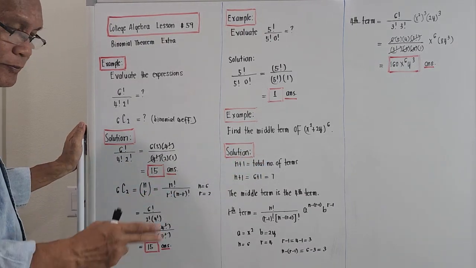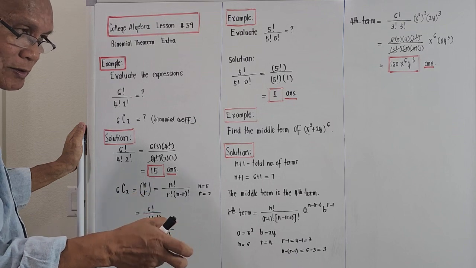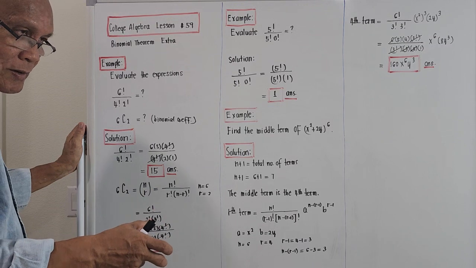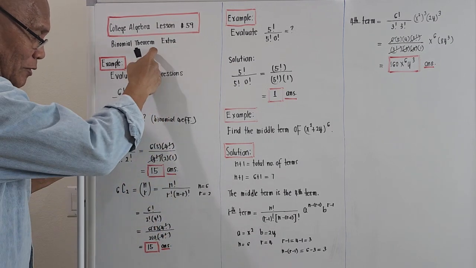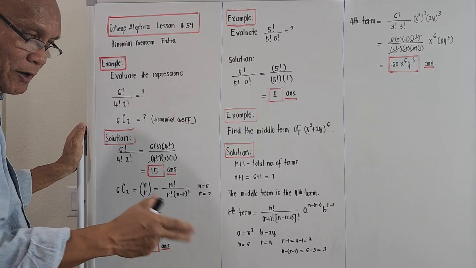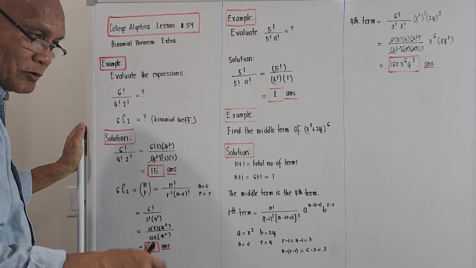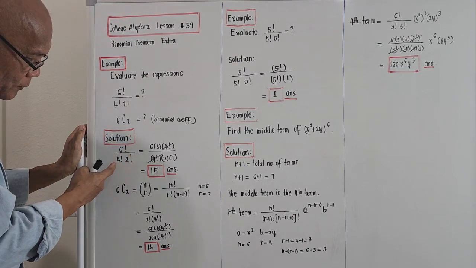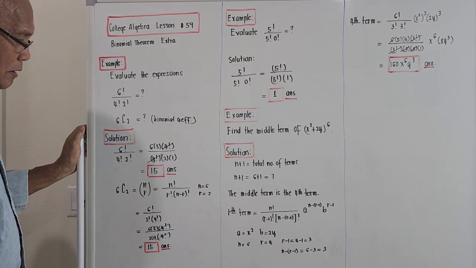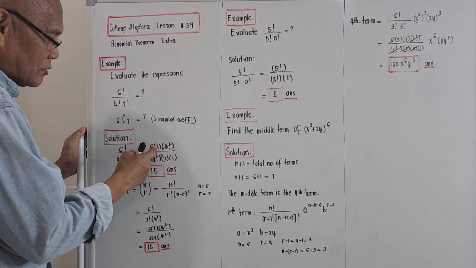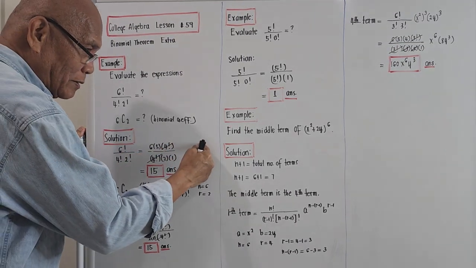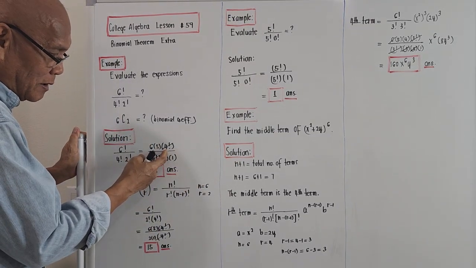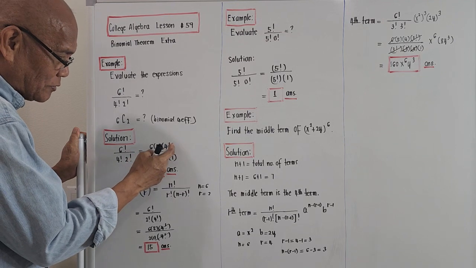This is an easy one. At least we now know how to evaluate a factorial notation. This will be an extra problem under binomial theorem, the simplification of an expression involving factorial notation. 6 factorial all over 4 factorial times 2 factorial. 6 factorial is 6 times 5 times 4 up to 1, or we can stop at 4 and place factorial, because 4 factorial is 4 times 3 times 2 times 1.